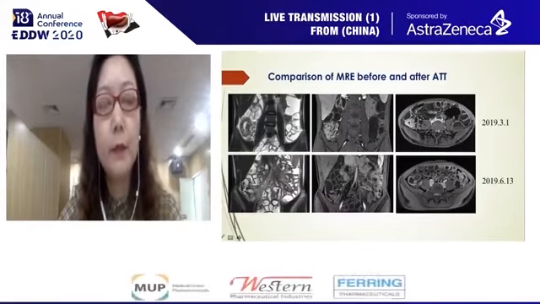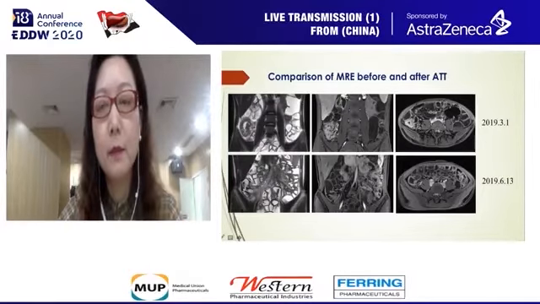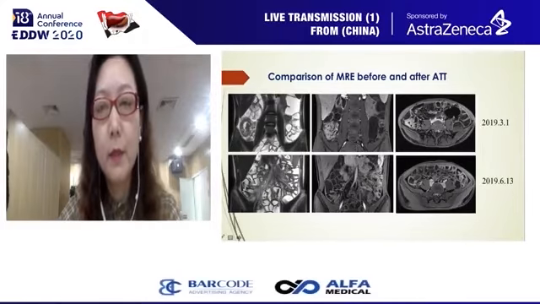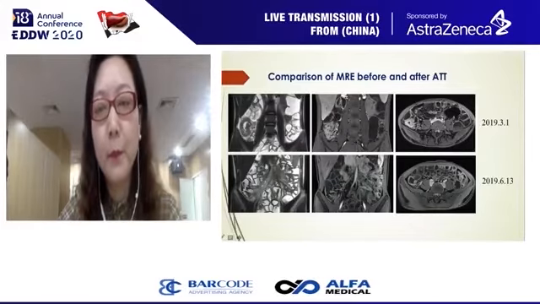Before ATT treatment, we can see the bowel thickening and homogeneous enhancement. And after ATT, the lesion got remarkable improvement.